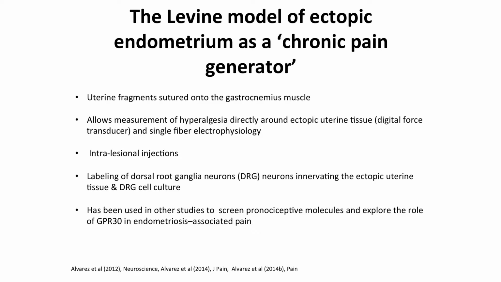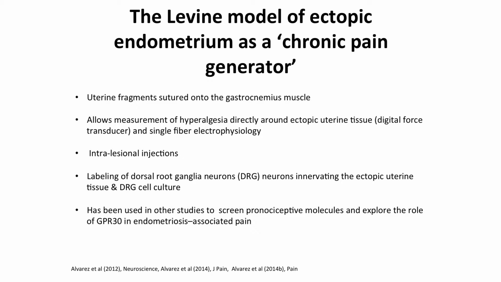And this model of ectopic endometrium is a chronic pain generator. It actually allows the measurement of hyperalgesia directly around the ectopic uterine tissue using digital force transducers and single fibre electrophysiology.